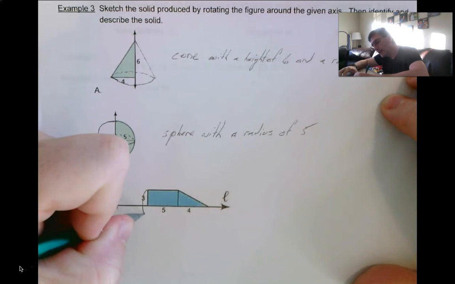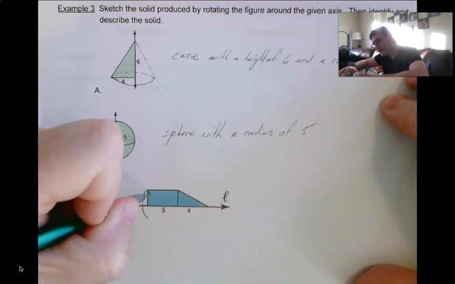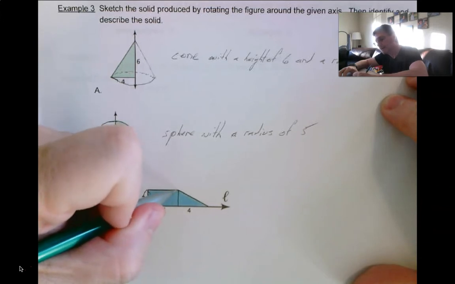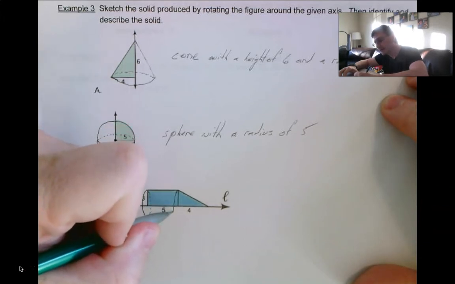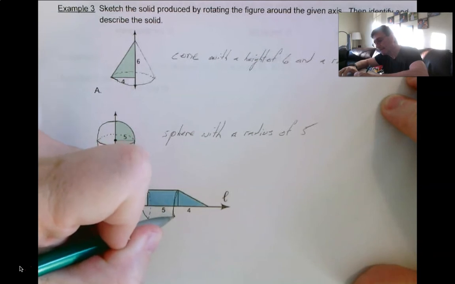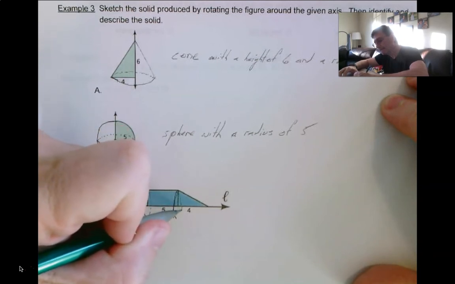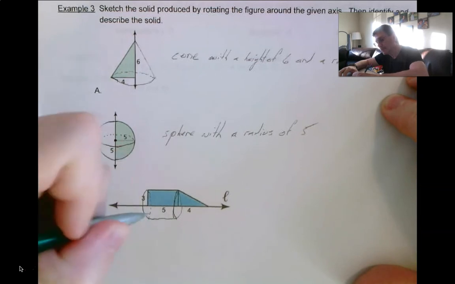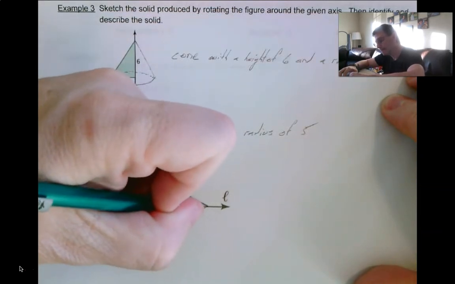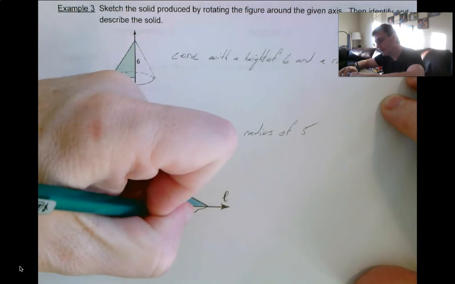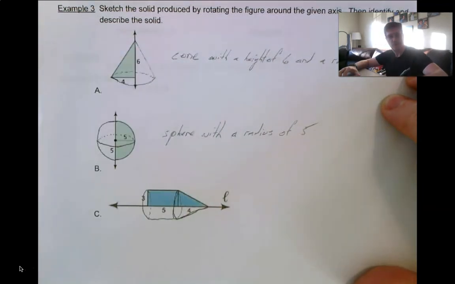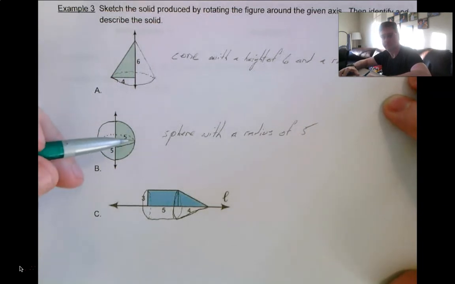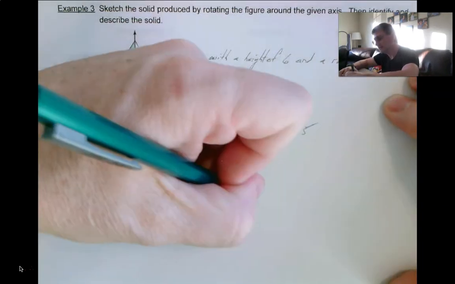So the bottom part here sweeps out a cylinder. And the top, or the right, sweeps out a cone.